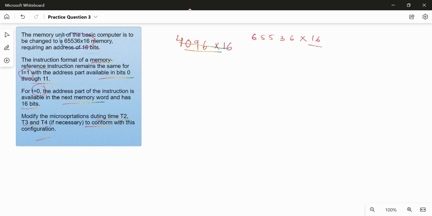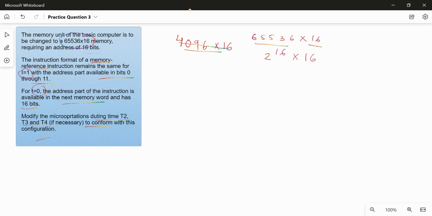That means still the storage capacity of each memory word is 16 bits, but now the total number of memory locations are updated. So 65536 is actually 2 raised to 16. So we can represent this memory unit as 2 raised to 16 cross 16.